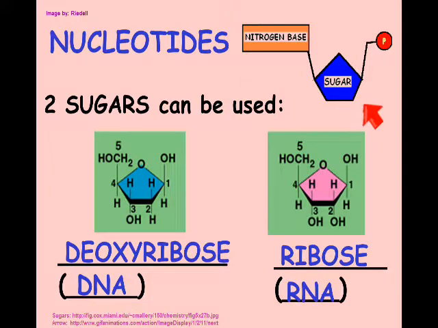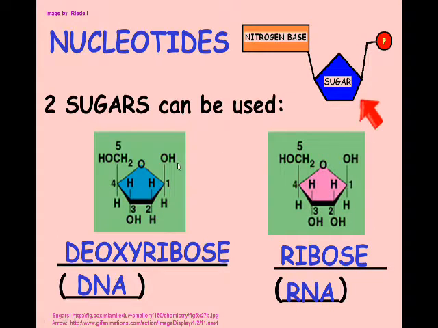I'm going to use ribose sugar. Look at the two molecules. The difference between these is this oxygen is missing. In a deoxyribose, this oxygen has been removed. Deoxy, lose the oxy. Deoxyribose is ribose sugar that has lost an oxygen.